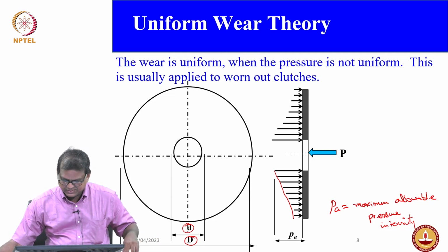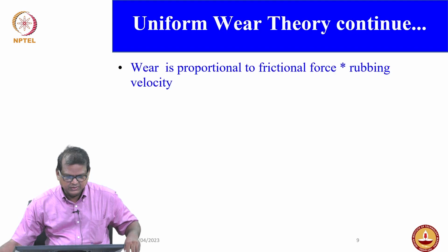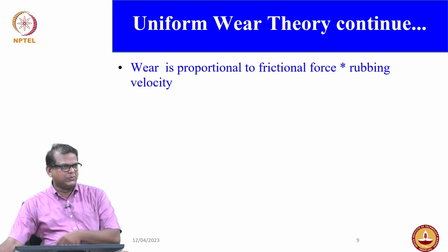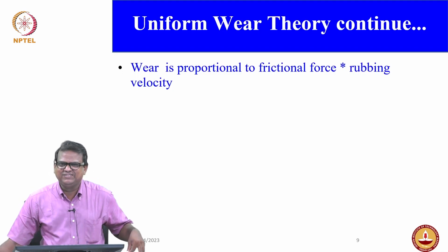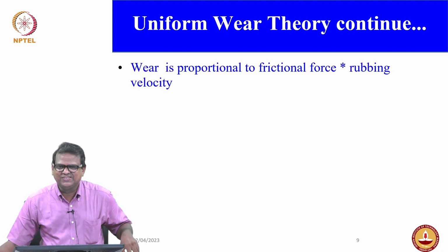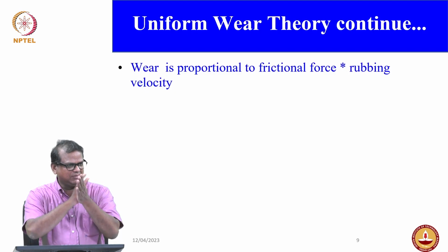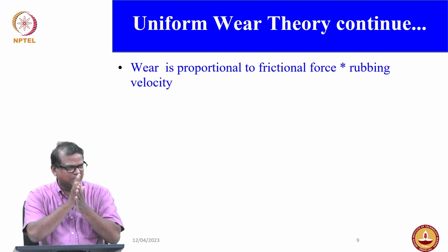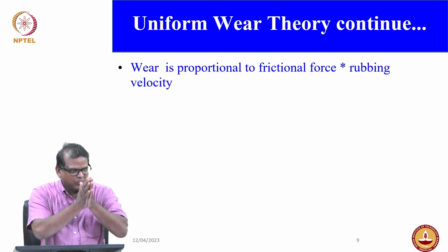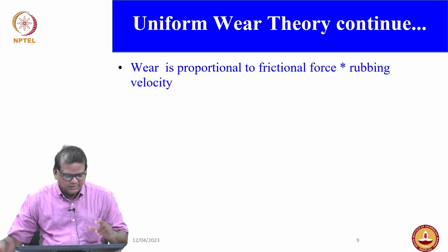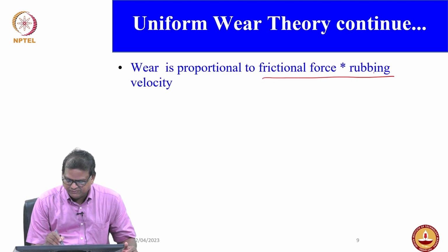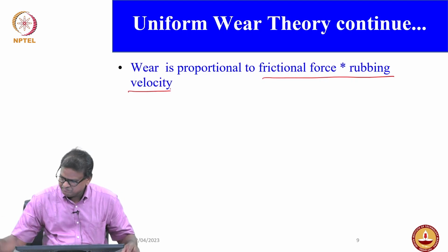Before that, try to understand, where is the wear proportional to the friction force? Have you heard about Archard's equation? The higher the velocity, the more the wear will be. The more the force, again the wear will be more. So obviously, the wear is proportional to your frictional force and the rubbing velocity.